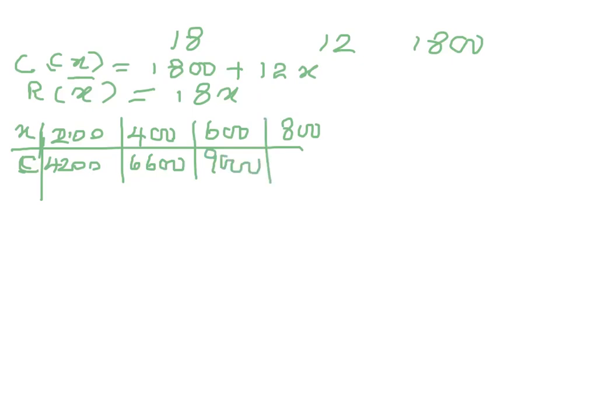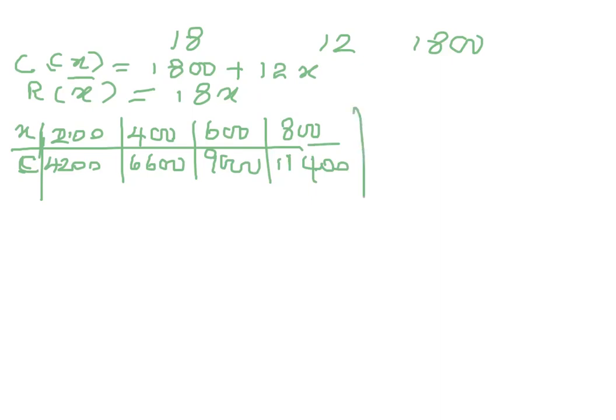Then if it is 800, 800 multiplied by 12, then adding 1,800, it becomes 11,400. Let me check it again: 800 multiplied by 12, then add 1,800. It's okay.